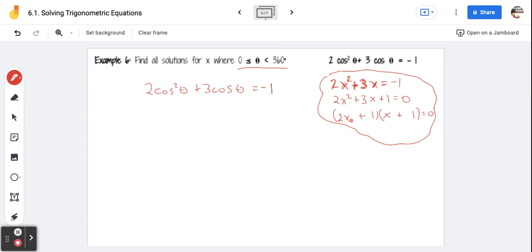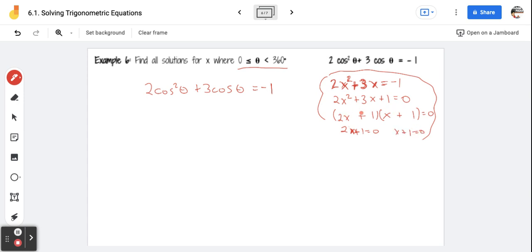Remember, when you have two factors that multiply to equal 0, that can only happen if one of them is 0. So we set 2x plus 1 equal to 0, because if this factor equals 0, it doesn't matter what this one is. Anything times 0 is 0. Whatever makes this one 0 is a solution.